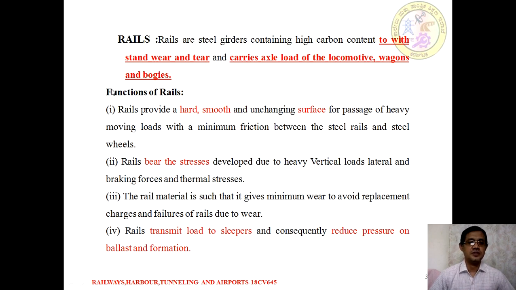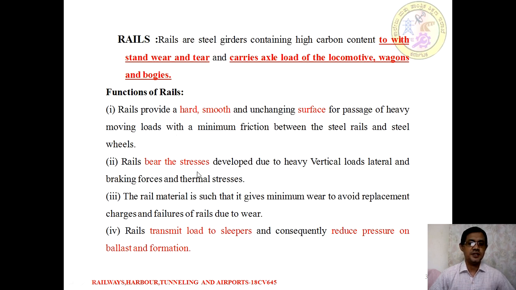So, what are the functions of a rail? A rail provides a hard, smooth and unchanging surface for the passage of heavy wheel load with minimum friction. This friction is between the steel rail and the steel wheels of the locomotive, the wagons or the bogies.